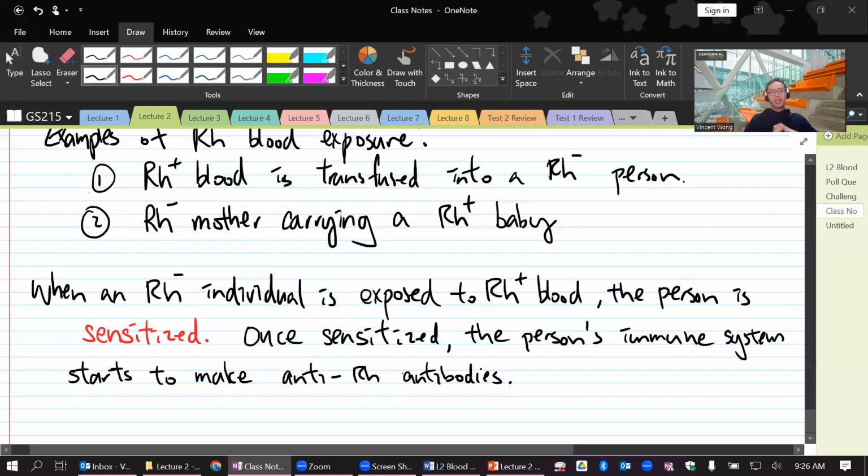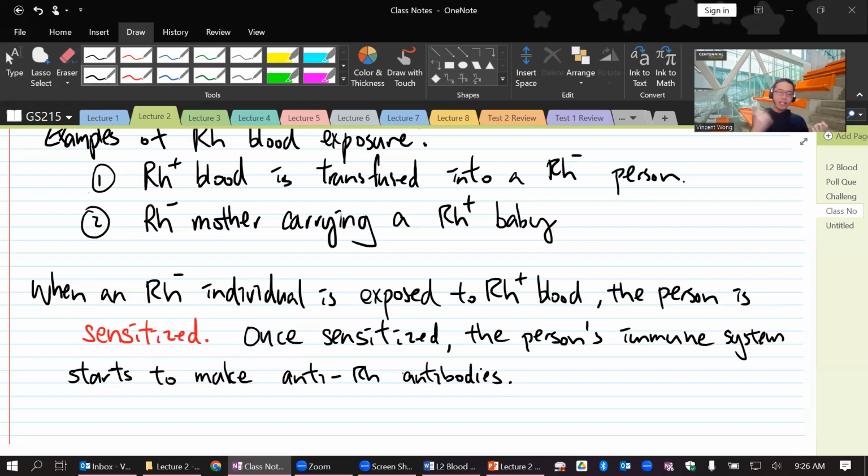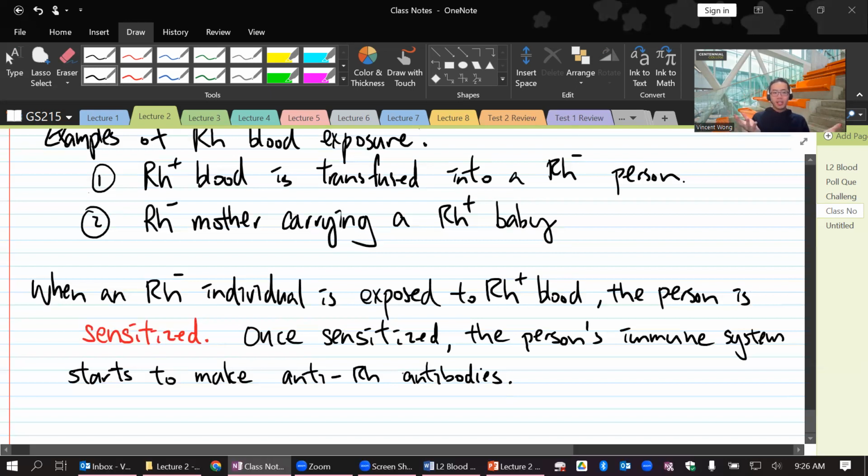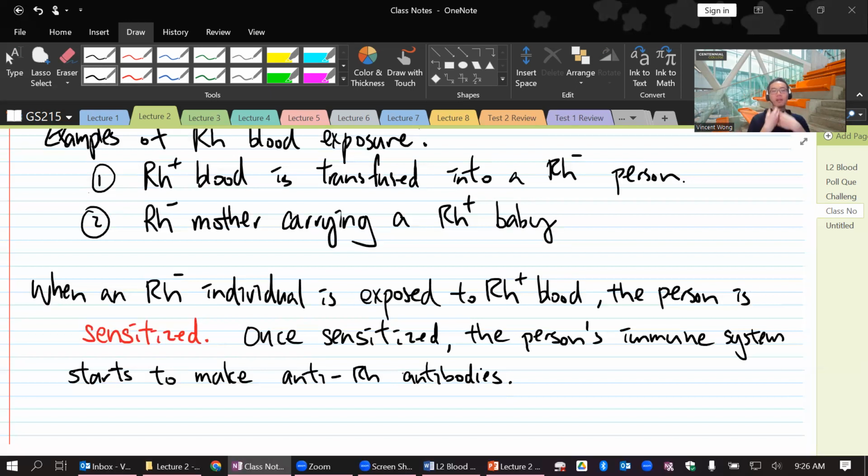So back to our scenario, an Rh negative person who has not been previously sensitized, is it okay to give them Rh positive blood just once? It's okay, right? Because the person doesn't have the antibodies yet, and we can give them the positive blood, and the blood will save them if they're bleeding out.